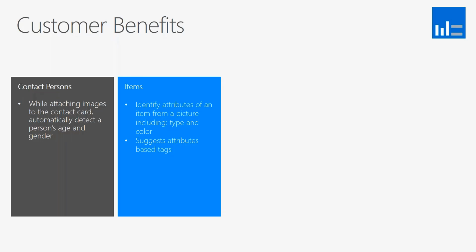Where I find it to be more useful, far more than the contact side, is really on the items. When importing an image into your items, now the machine learning system will grab that picture and try to identify what are the attributes of that image and dynamically stamp the attributes on the item card.